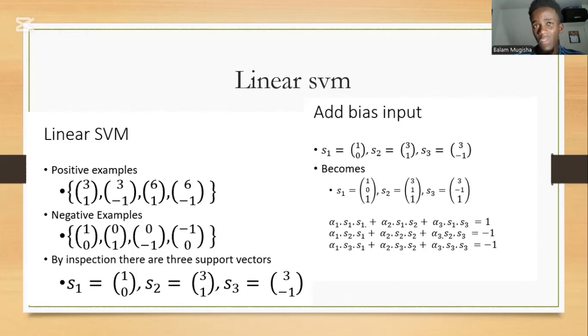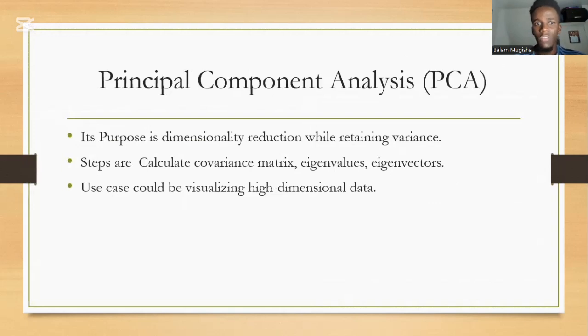Then for non-linear SVM, which I did include in the slide, you're just going to move data points to the next feature space, to of course introduce a way you can separate the data points into classes for easy recognition of patterns. Then the last concept here is principal component analysis, whose purpose is to basically reduce dimensionality while retaining variance.